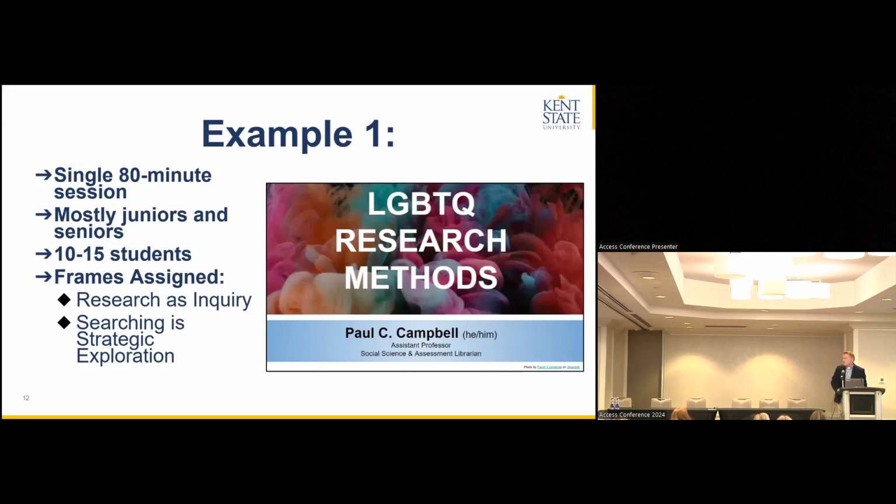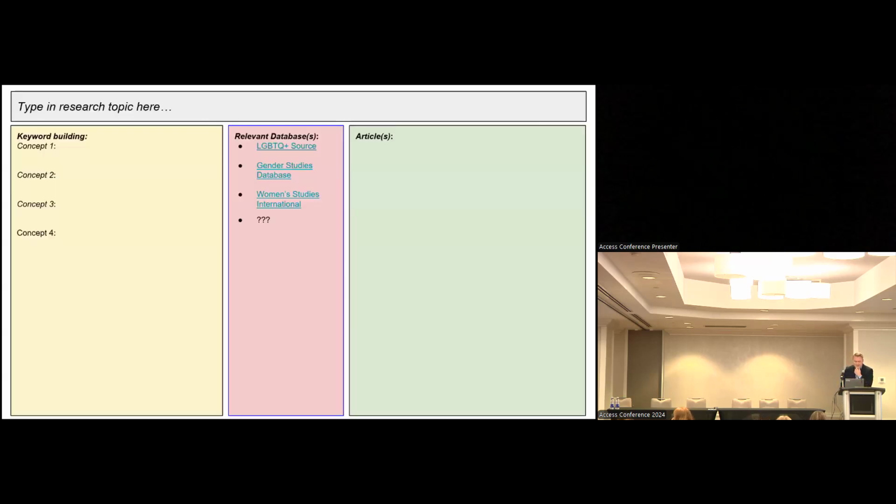So the first example I have today is a single 80-minute session. It's mostly juniors and seniors, about 10 to 15 students in an LGBT research methods course. And of course, I assigned the research as inquiry and searching as strategic exploration frames. So this is the actual slide, the digital worksheet that I create.